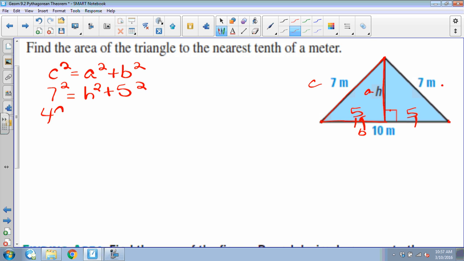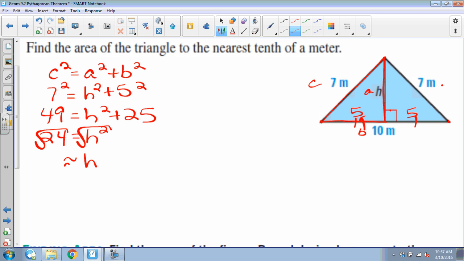So 49 equals h squared plus 25. So if you subtract 25 from both sides, you get h squared equals 24. Take the square root, and h is approximately equal to 4.9.